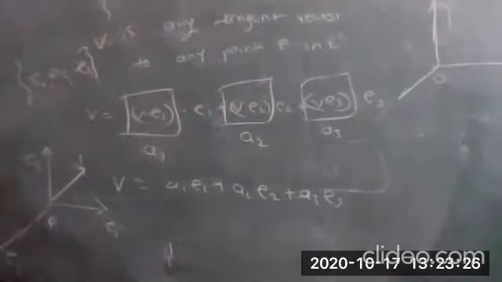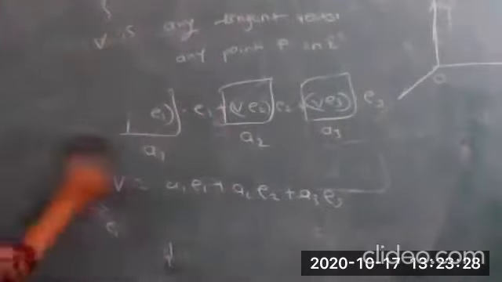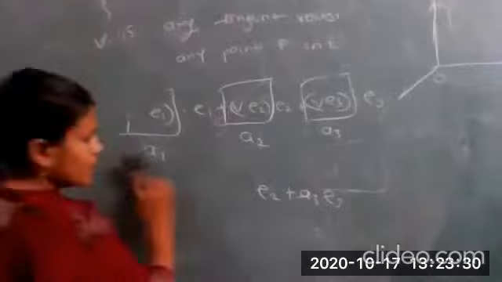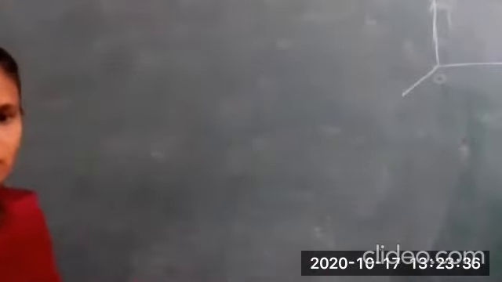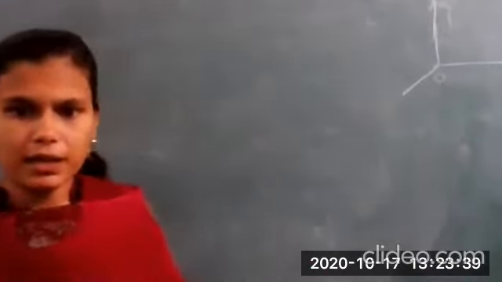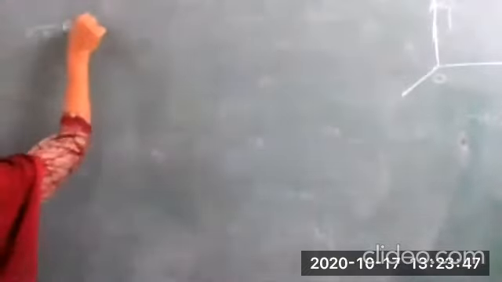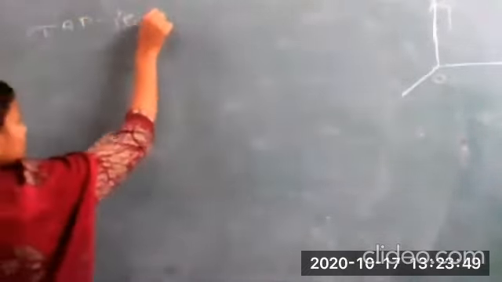For proving this, first I have to prove E1, E2, E3 are linearly independent. How am I going to prove they are linearly independent?